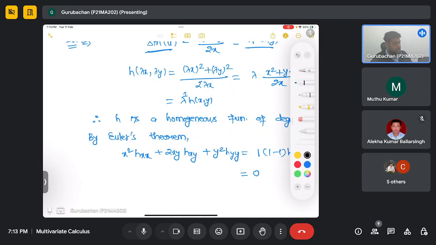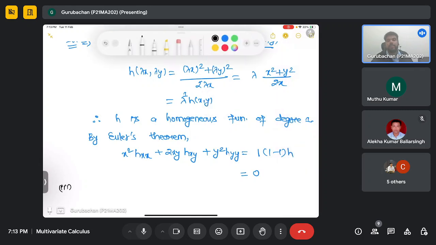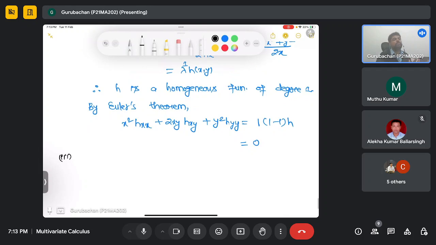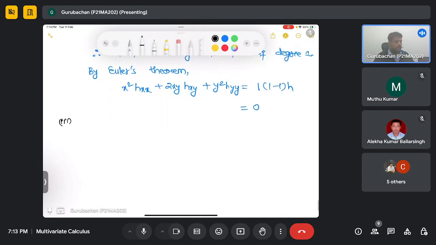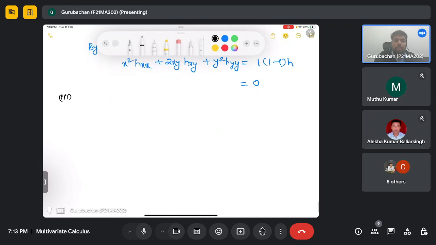Now, in the third part, my motive is clear from the second part: there are some functions which are not homogeneous, but can be made homogeneous. Since we have learned how to apply Euler's theorem on a homogeneous function, what if the function is not homogeneous, or is an addition of homogeneous functions of different degrees?